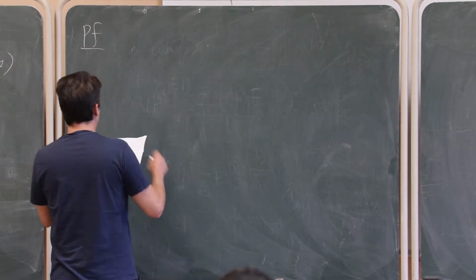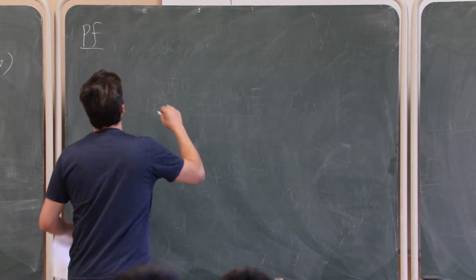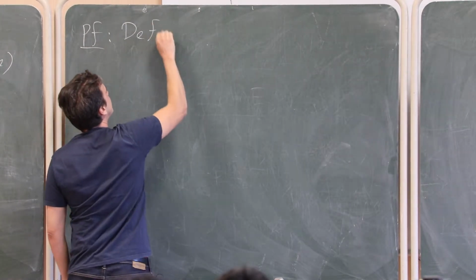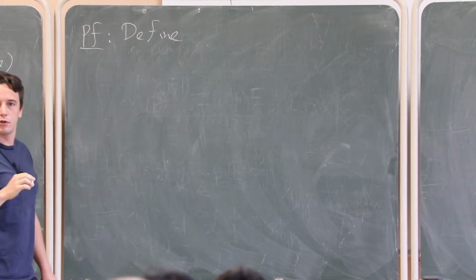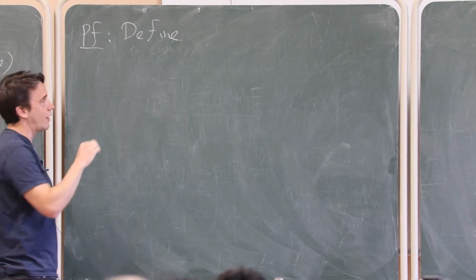So here's the proof. All right, so I'm going to define a function. I'm going to define an antisymmetric function on the edges of the graph.